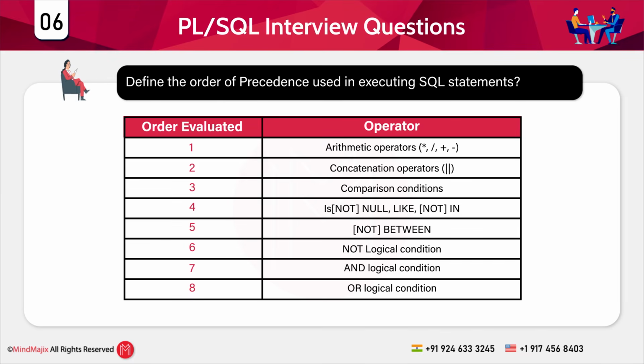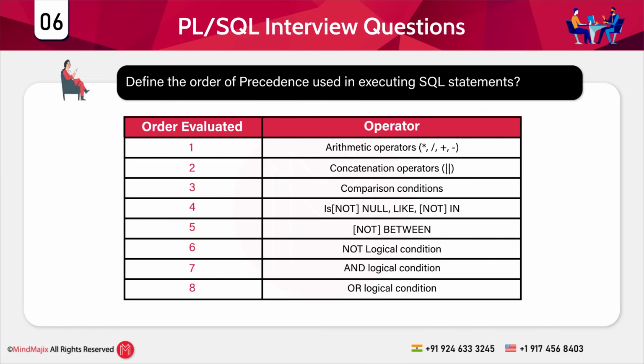Which are the arithmetic operators? Plus, minus, multiplication, and division. After this, the concatenation operators get executed. And which are the concatenation operators? As you can see here, these two single lines. So these are the concatenation operators.